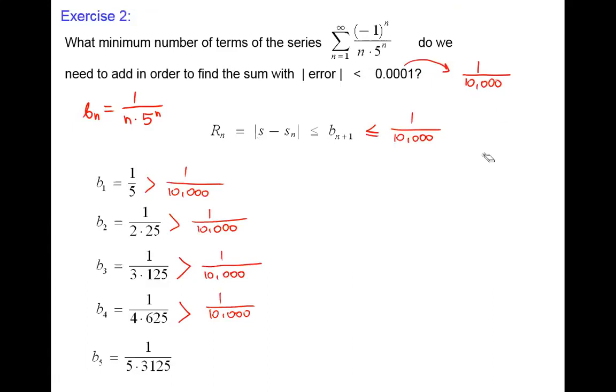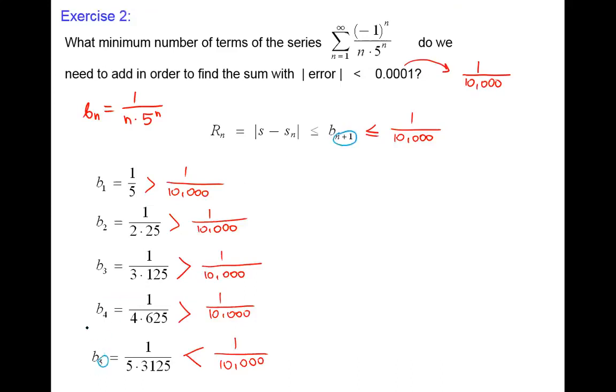Multiplying the number around 3,000 by 5, I will get 15,000. That means this number will give me a fraction less than 1 over 10,000.